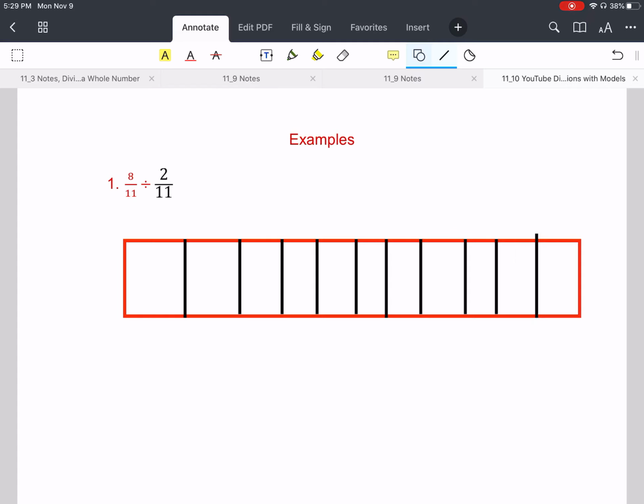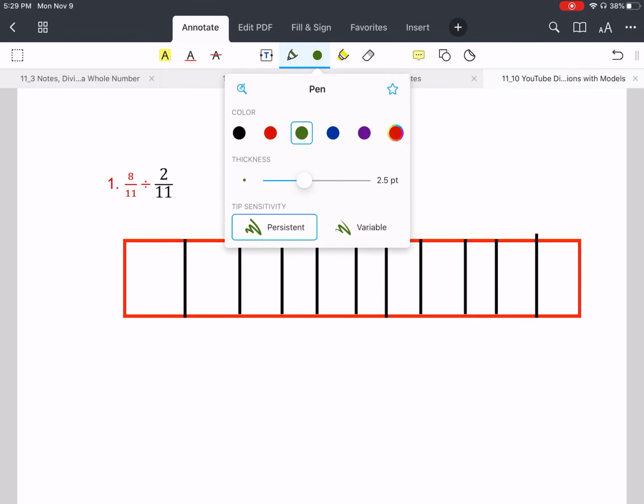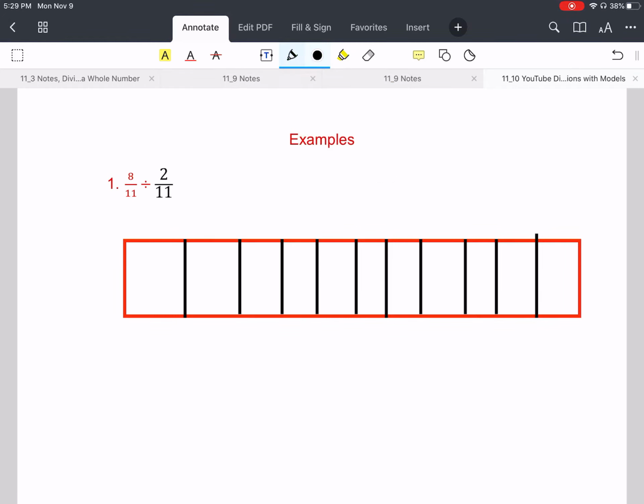And we're going to pretend like all of those are the exact same size. So each of these boxes represents 1/11th. And I'm not going to draw all of these, but we can see that we could count this all the way through until we get to 11/11ths.